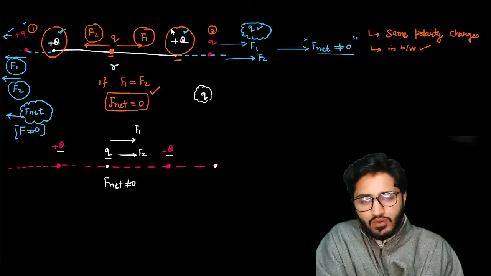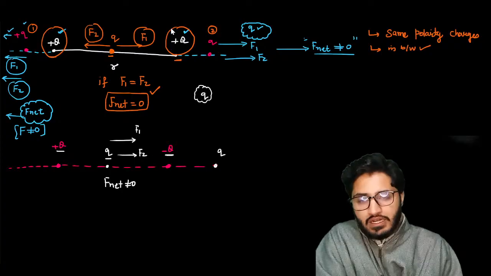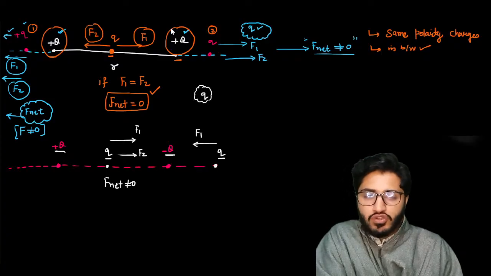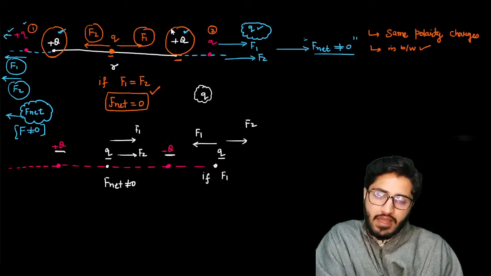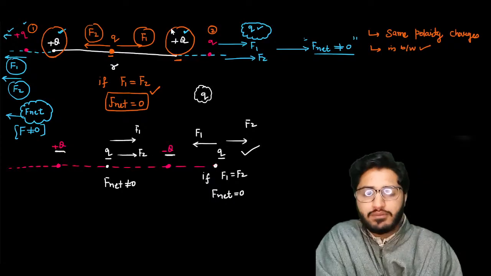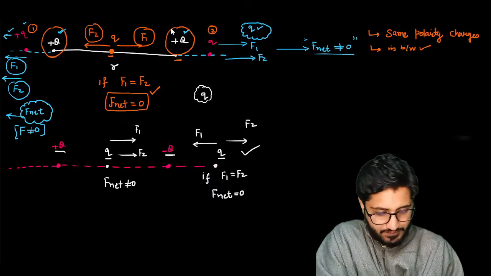I will take it here, now look, Q is here. Negative, positive attraction like this. Positive, positive repulsion like this. So yes, if my F1 is equal to F2, I can write my net force at this particular point is 0. Yes, this is a possibility of my equilibrium position.